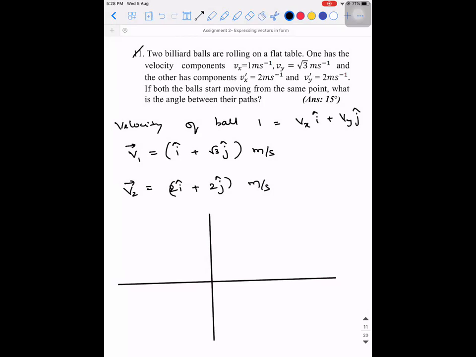So what are the coordinates of the point? They both are moving in a two-dimensional plane, right? So what are the coordinates of the points of the first vector? It is 1 comma root 3, right?